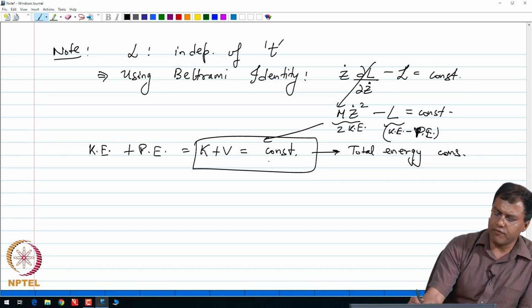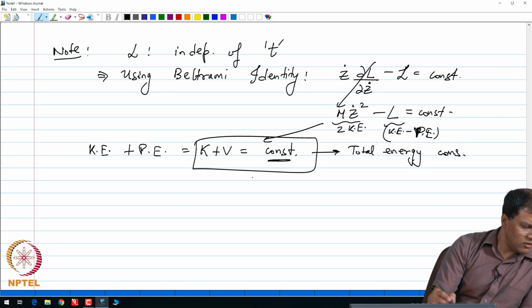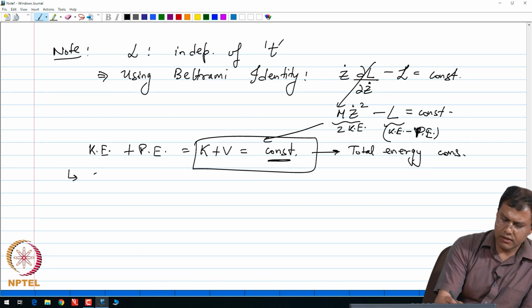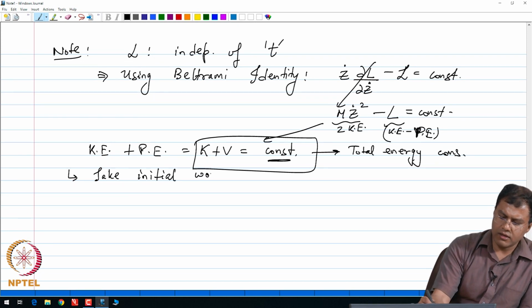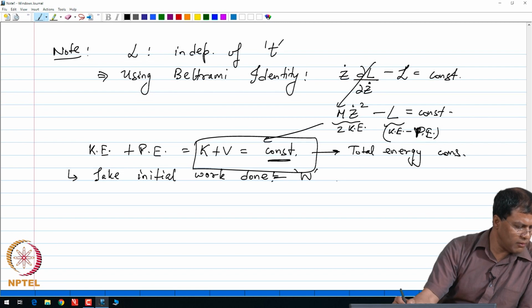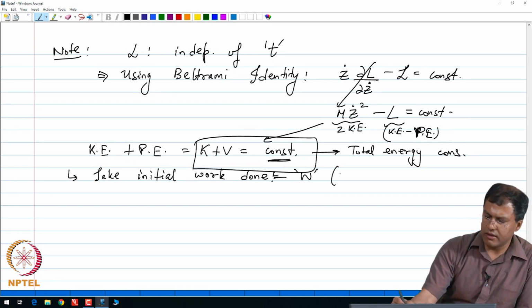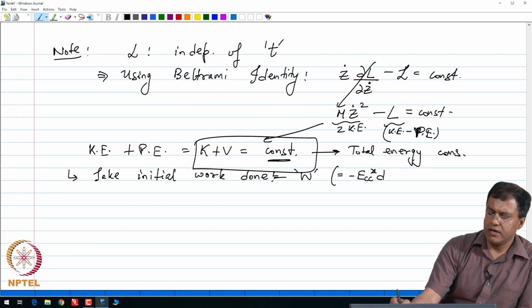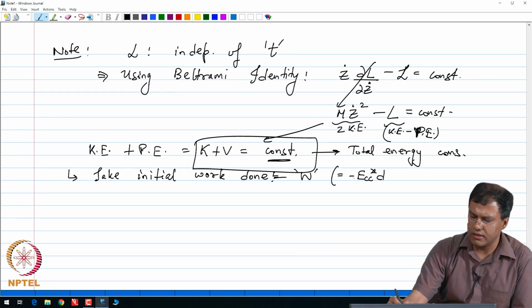So, I can also find the constant on the right hand side of this relation. Take my initial work done to be W, which is eventually minus E C C star times D, depending on the extrusion length.